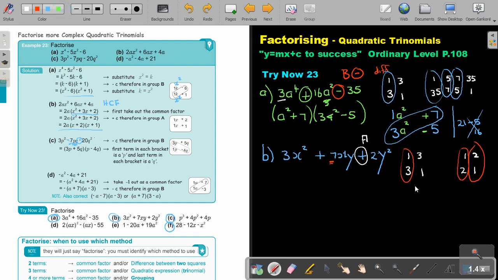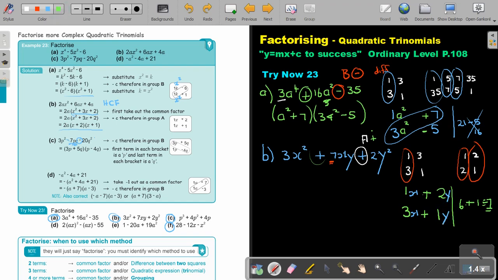So let's just take it out. It was 1 and 3 and 2 and 1, because that's going to give me 6 plus, remember it's group A, that's you add, plus 1, and that will give me that 7. And then the signs will be the same, and both will get this sign. So it's positive, positive. And now I'm just going to say, this is x squared, x, so the x will be in front. And this is y squared, y, so the y's will be at the back.